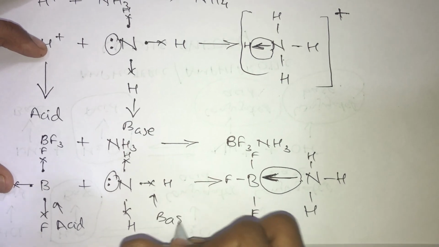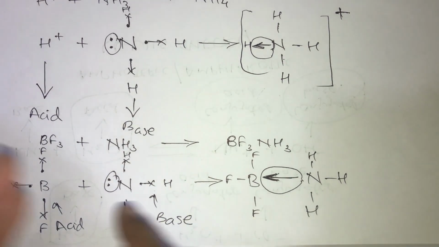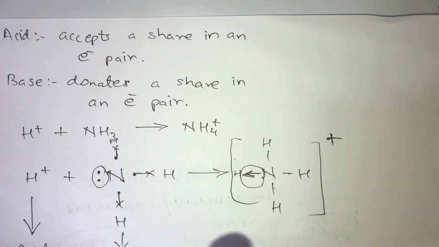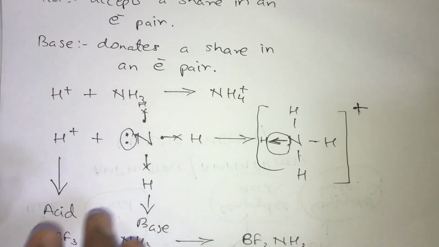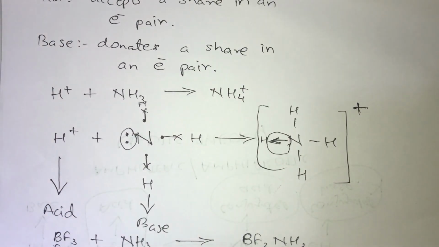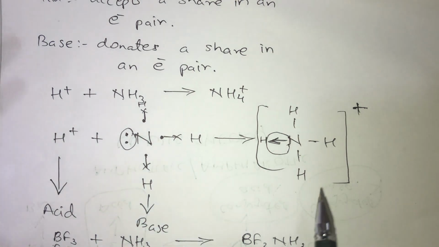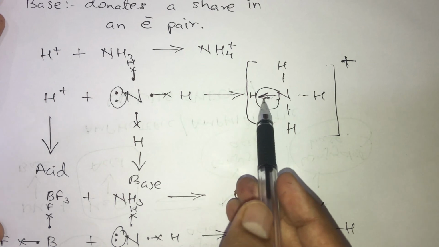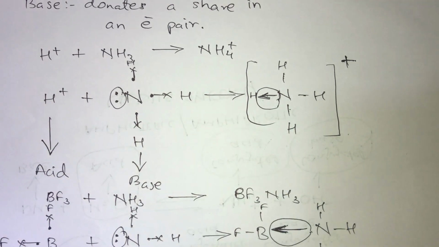Therefore this becomes your base and it is forming a new substance. So this is how you find out the base and acid with the help of the Lewis theory. So this theory emphasizes the formation of coordinate covalent bond.